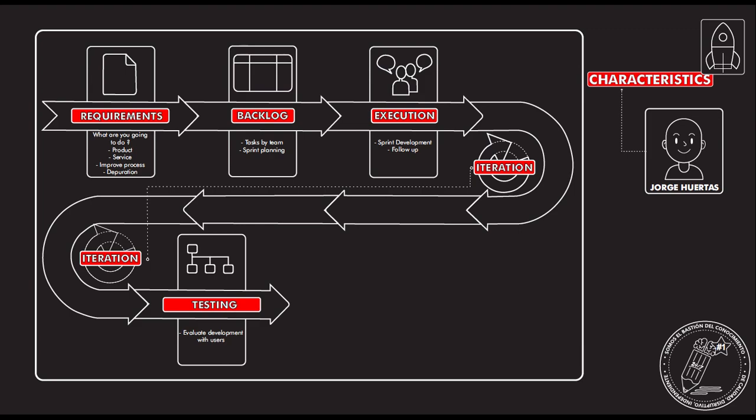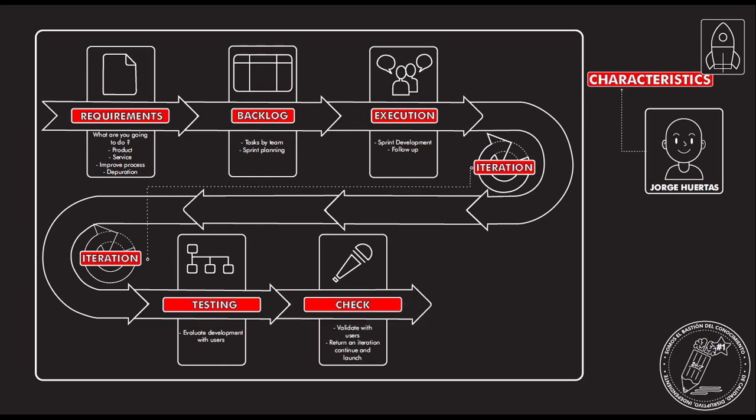You need to make the follow-up, make the evaluation, and keep making everything grow. Then after you have made the testing, you make a check. That is very important because perhaps you have to make many iterations until you have the product or service clear to go to the next level.